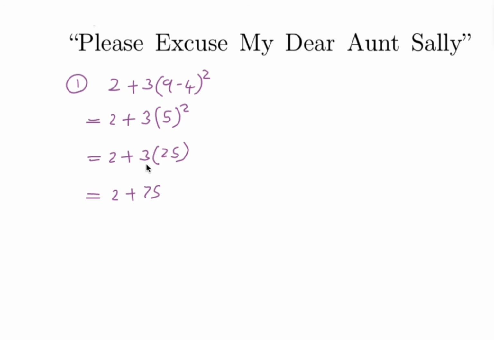Here don't add them, because first multiplication and then addition according to the PEMDAS rule. Otherwise you will make a mistake here. Okay. And 2 plus 75 is 77. And this is the answer. So just follow the PEMDAS rule and that order, PEMDAS.